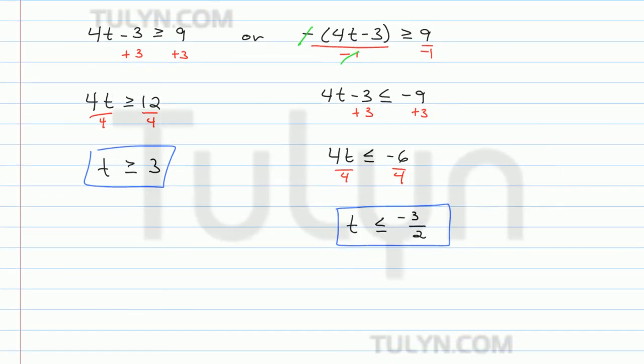If you want to graph this on the real number line, let's first draw the real number line. Here's our 0, our middle point, and we want to go out a couple points past 3 on the right.